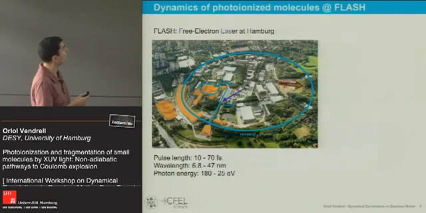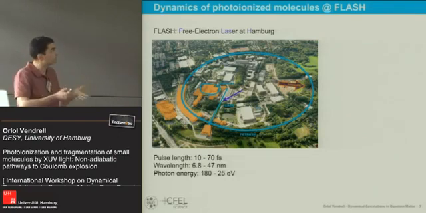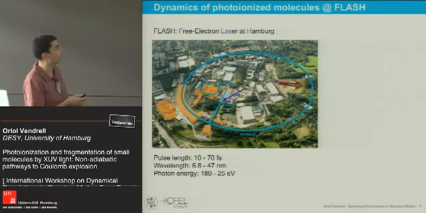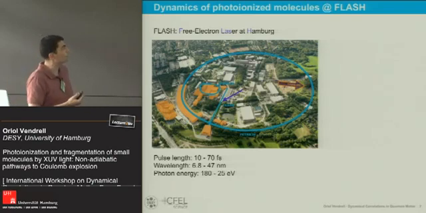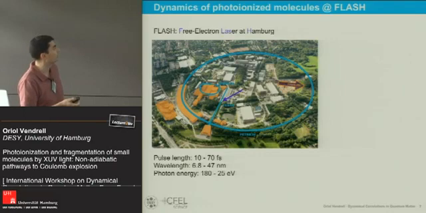Okay, so now that I have given a little bit of the theoretical background of what we are doing, let me just show again, this picture was shown this morning in the talk of Joachim Ulrich. So the calculations that we do are motivated by experiments done at FLASH, and FLASH is this linear FEL, which has these operation parameters. And Joachim already motivated why it's interesting to look at molecules at FLASH.